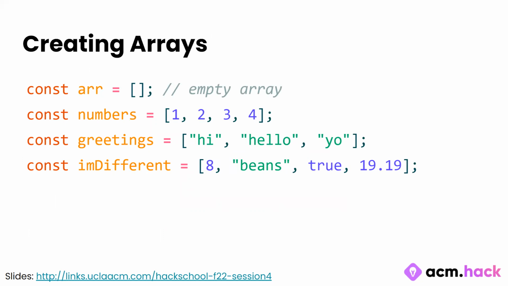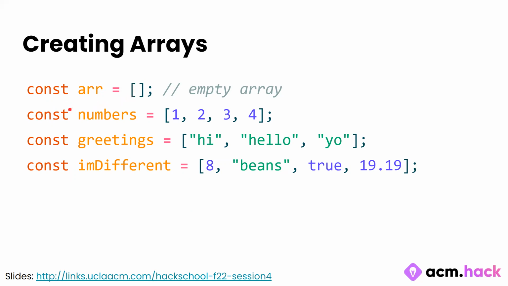This is how you create arrays in JavaScript. You can identify them by these square brackets. Whenever you see square brackets, it means it's an array.